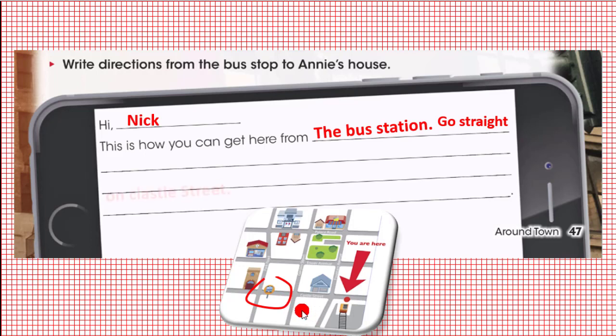La calle es, what it is? On Castle Street. Ok, vete desde la estación de autobús, la parada de autobús, ya. Vete de frente por la calle Castle. Entonces acá te vas de frente. ¿Y ahora qué haces? ¿Qué puedes hacer? ¿Qué dirección le darías? Entonces ahora, miras el mapa, look up the map, and give direction to Nick.